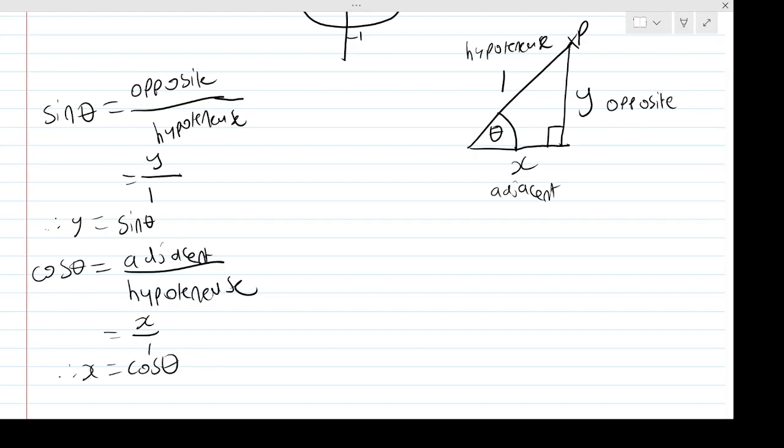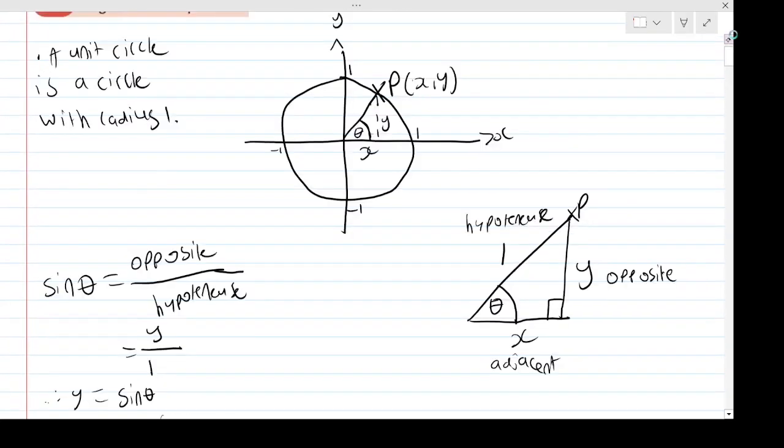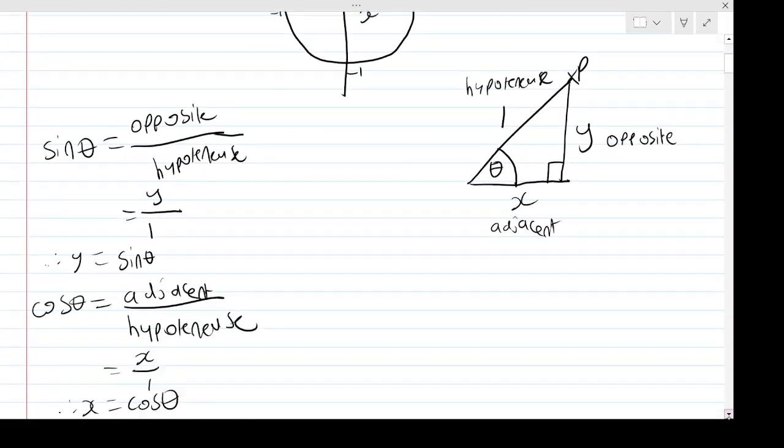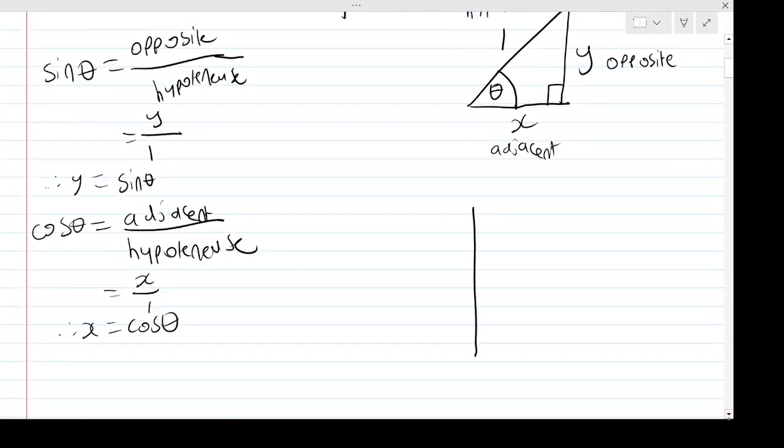Right, okay, well then we could specify more clearly that P is xy, if I redraw the circle. So we have the circle with radius 1 again, and then the point P up here.